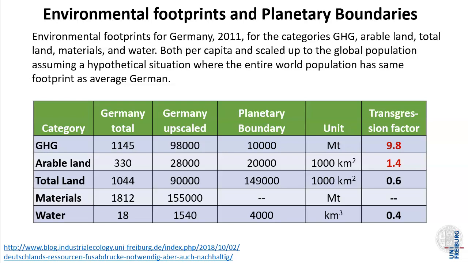So 40% exceedance of arable land. It means simply we cannot scale up this lifestyle we have to the global level. There's not enough arable land, and the land boundary would then be exceeded. At the average or aggregate level at least, it seems that for water and total land we are still below the boundary, but again that doesn't mean that there are no local hotspots in the supply chain.